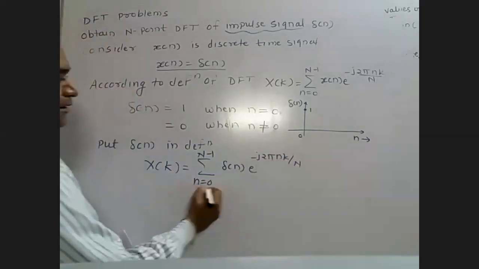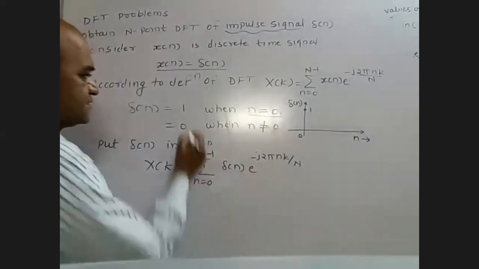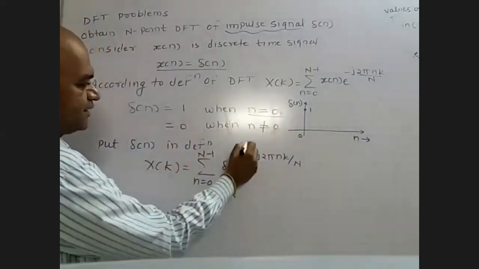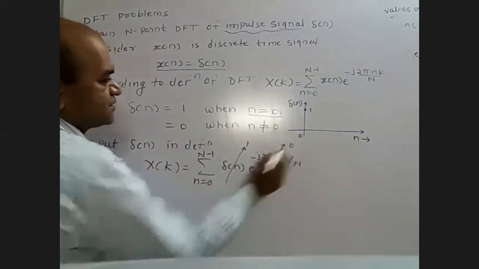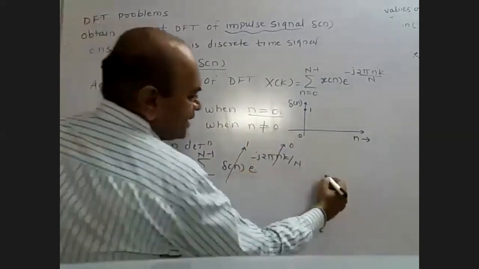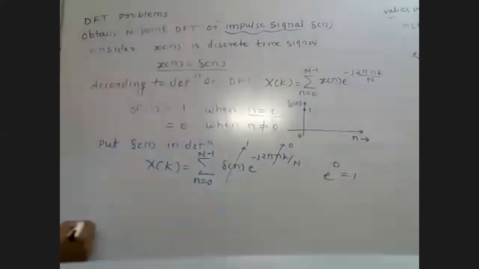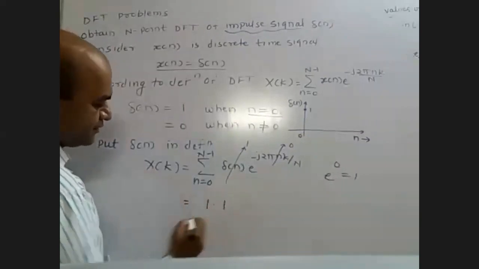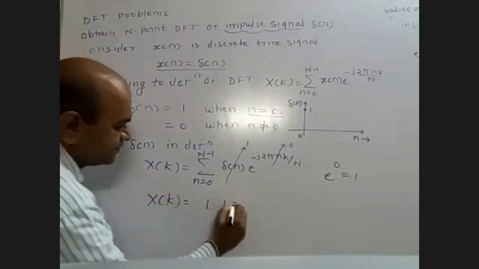Now, what does the definition say? When n is equal to 0, del of n will be unity and the exponent n will be 0. So e raised to 0 will be 1. So it is 1 into 1, and you will get X of k equal to 1.